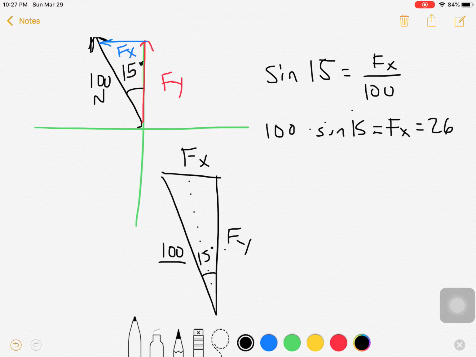And now we have the Fy we want to find. Now notice this is the adjacent side to the angle. So we'll use cosine. So we'll say the cosine of 15 degrees is Fy over 100. Multiply 100 through both sides.